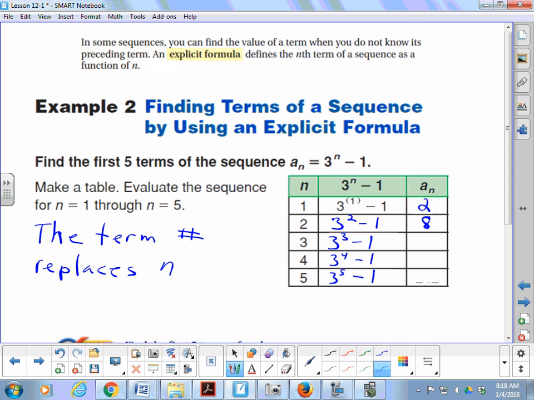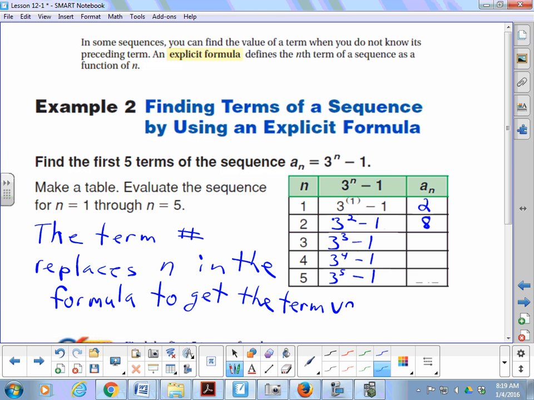replaces n in the formula to get the term value. So the term number replaces n in the formula to get the term value then.